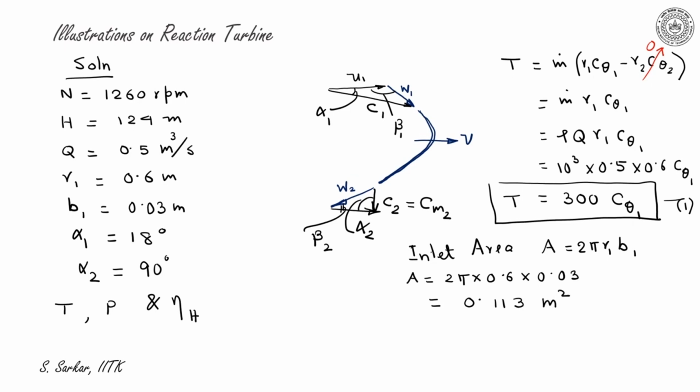Now Cm1, meridional velocity at inlet. Now let's refer to the inlet velocity triangle. So this is Cm1. This is c theta 1.